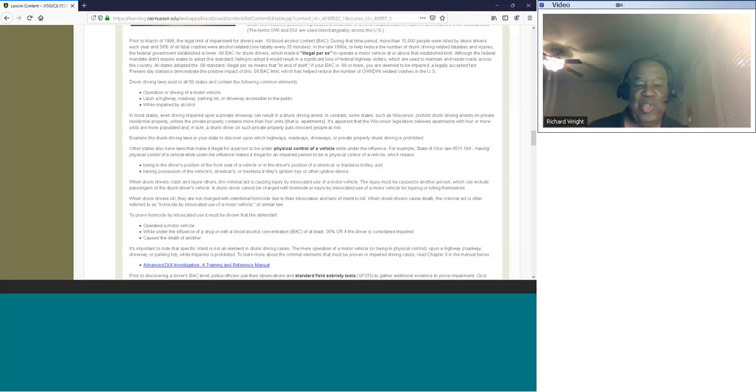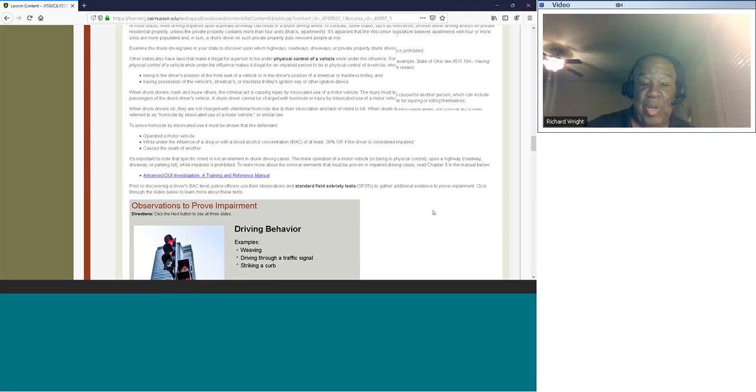It says when drunk drivers kill, they are not charged with intentional homicide because it was not done intentionally, but due to their intoxication and lack of intent. When drunk drivers cause death, the criminal act is often referred to as homicide by intoxicated use of a motor vehicle, or sometimes we use involuntary manslaughter as well.